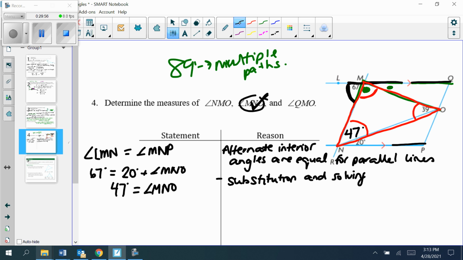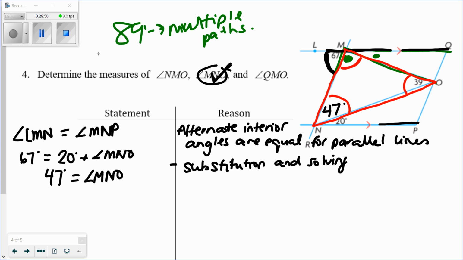I'm not just going to write, oh, it must be this. I'm going to write out my whole process. So the angle at NMO plus the angle at MNO plus the angle at MON is equal to 180 degrees.